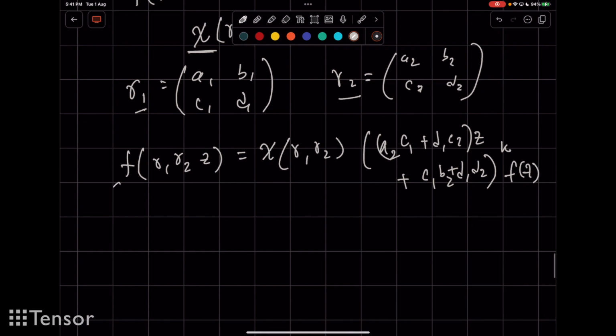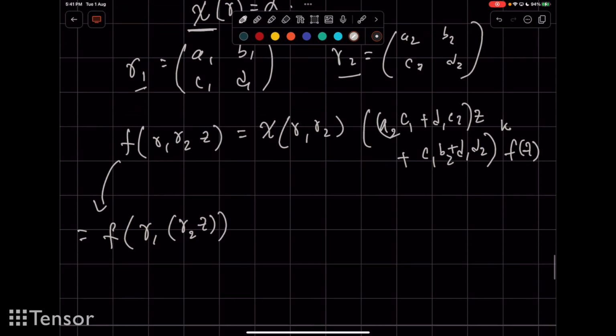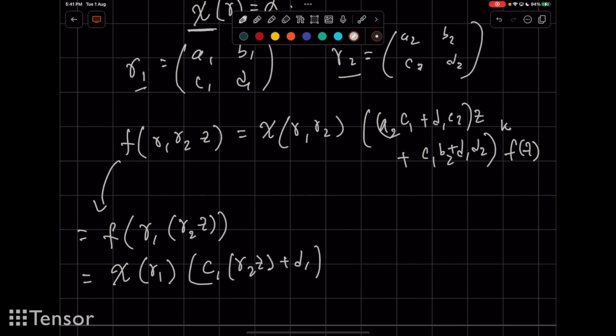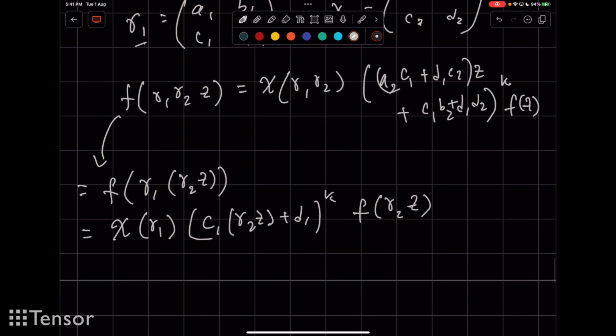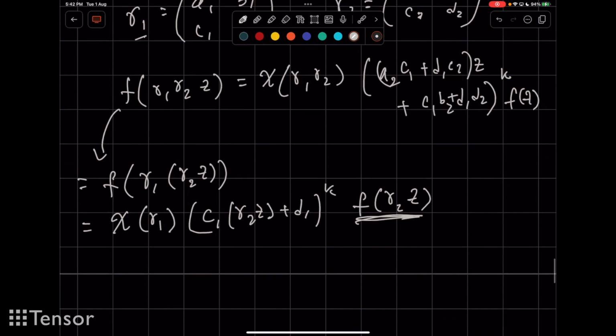Now let us compute this in another way. We can say this is f of gamma 1 times (gamma 2 z), right? So this is chi of gamma 1 times (C1 gamma 2 z plus D1) to the power k times f of gamma 2 z. Then again for this term we have another factor of chi of gamma 2.